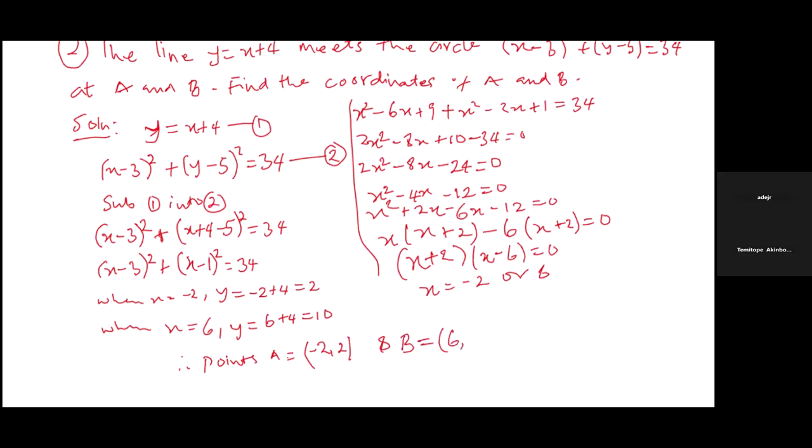It could also be the other way around. You can take 6, comma 10 as your point A, while you take minus 2, comma 2 as your point B, either way. You will take note of that because the question did not say intersect points A and B respectively. So it can be either way. Is that clear? Yes, sir. Okay. So please write that.